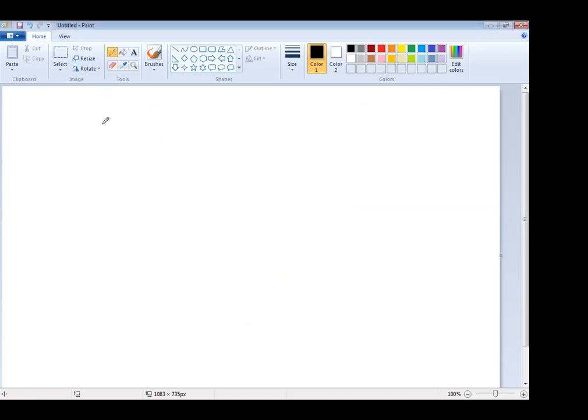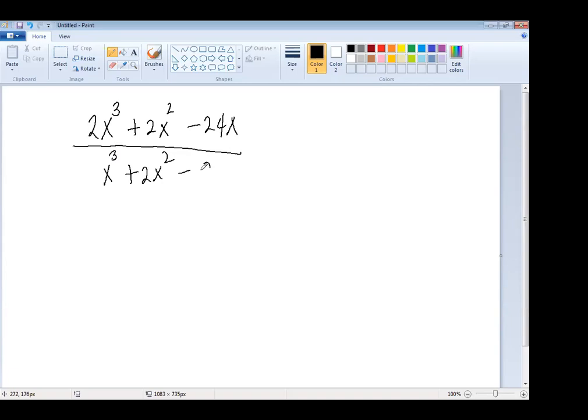Okay, the next one, for example, we have 2x cubed plus 2x squared minus 24x all over x cubed plus 2x squared minus 8x.